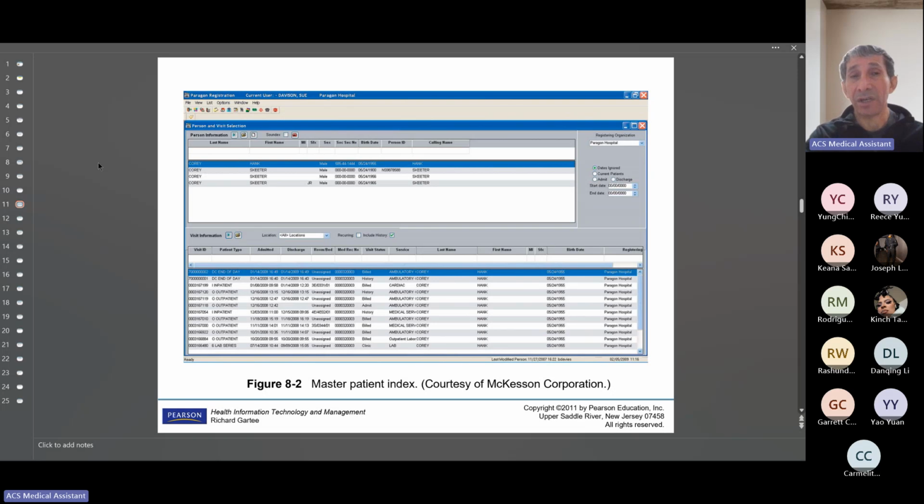So here, the whole information is going to be there too: when the person was first registered, for how long this patient has been in the practice, and whether the medical record is active, inactive, or closed.